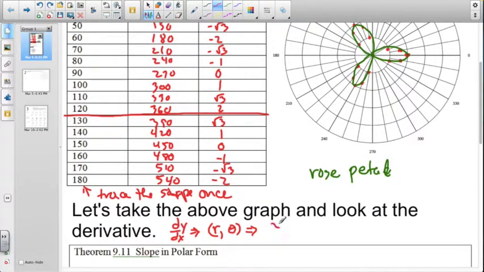So we need to remember our conversion: to get x, we do r cosine theta, and to get y, we do r sine theta. And so these are Cartesian functions in parametric form.